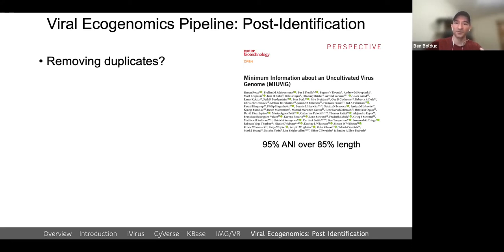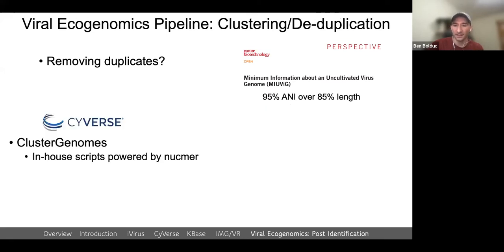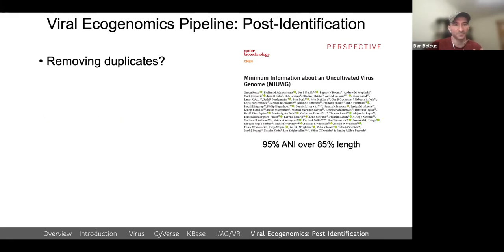You should go through and remove or cluster any of your sequences that are at 95% ANI, average nucleotide identity, over at least 85% of their length. Yeah, that's a good starting point. Those are the minimum standards that you should have.